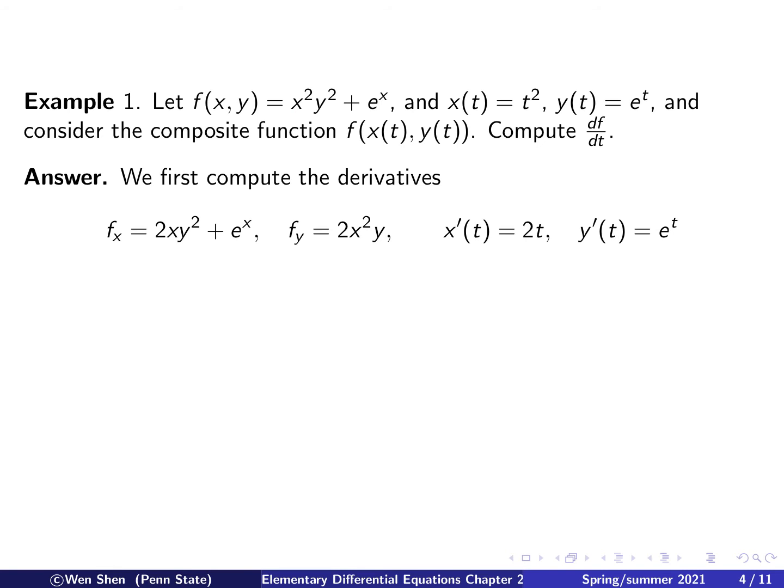Differentiating this term in x, you are just differentiating a constant times x squared, which gives you 2x times that constant, which here is y squared. And the second term, you differentiate it in x, and you get e to the x.